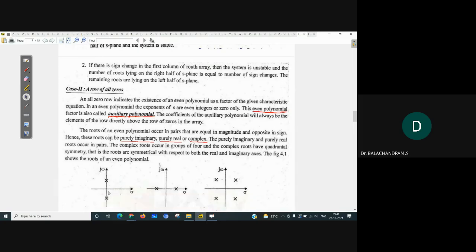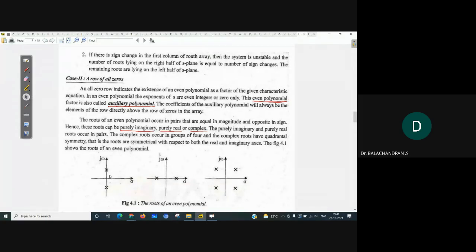You can see in the diagram, this is purely real, and this is purely imaginary. The roots of an even polynomial occur in pairs that are equal in magnitude and opposite in sign. Hence, these roots can be purely imaginary, in the first diagram, purely real, or complex. So the purely imaginary or purely real roots occur in pairs; you can see this in the first two diagrams.